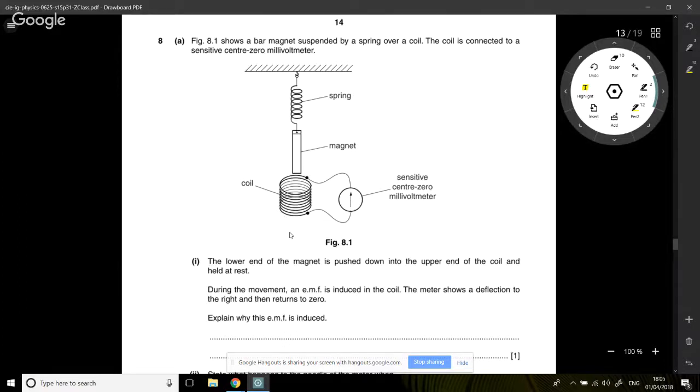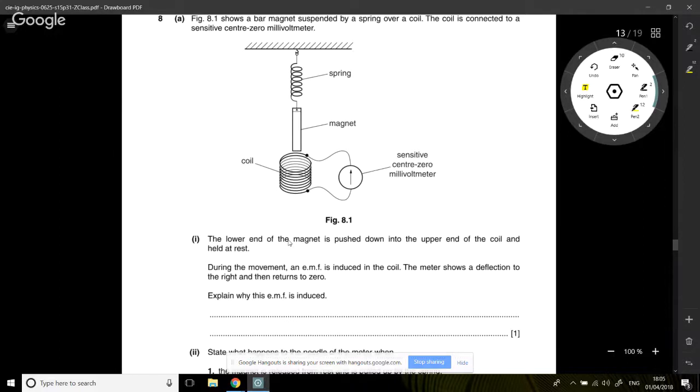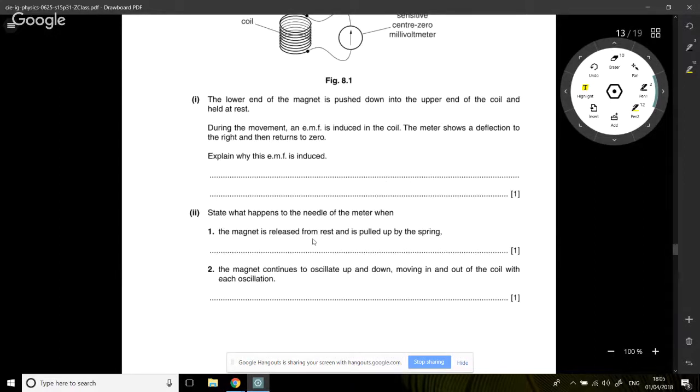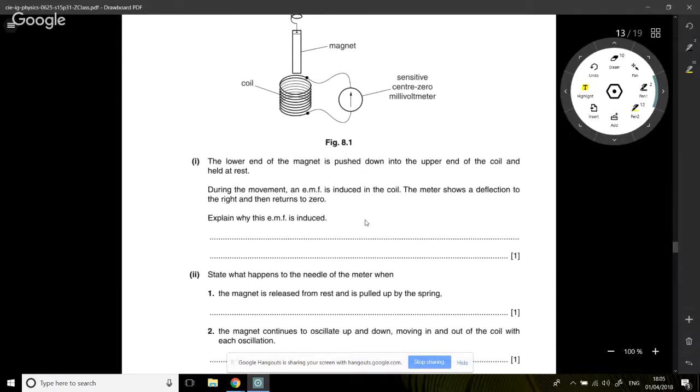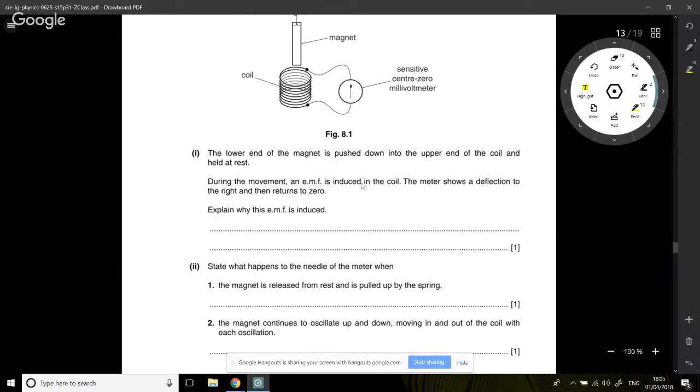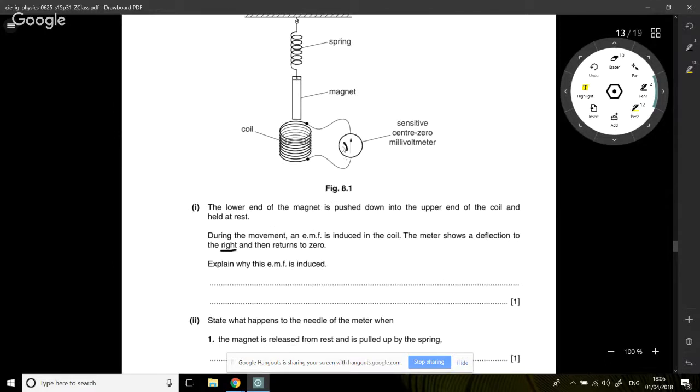And then state what happens to the needle when the magnet is released from rest and is pulled up by the spring. Well, because it's now going in the other direction, the needle, which way was it initially going? Okay, so if it was initially going to the right, now it's going in the opposite direction, so then again gets deflected to the left.